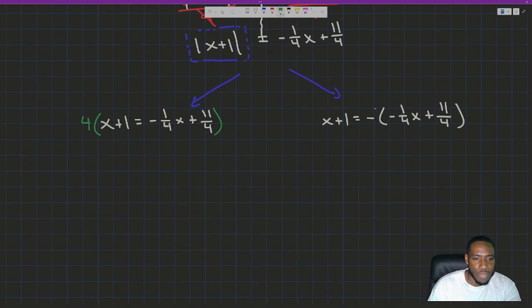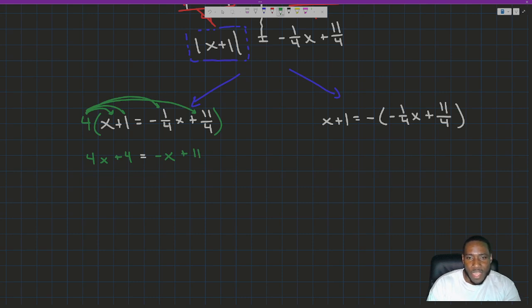We end up with 4 times x, 4x. 4 times 1, 4. 4 times negative 1/4 is just going to be negative x, negative 1x. And 4 times 11 over 4 is going to get me positive 11.